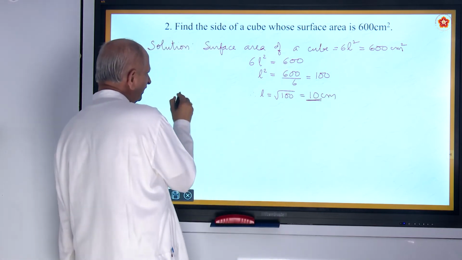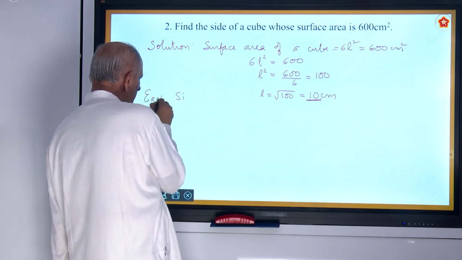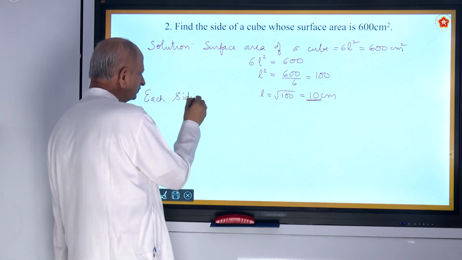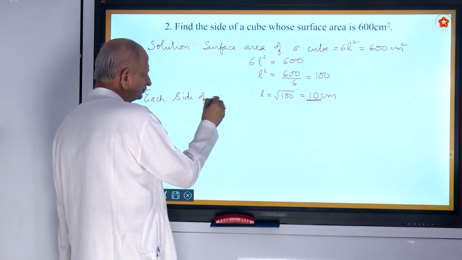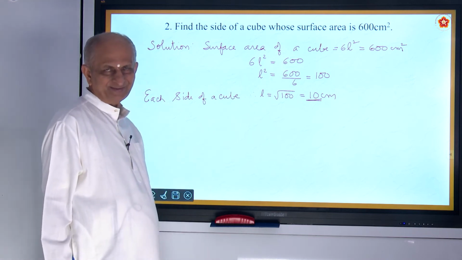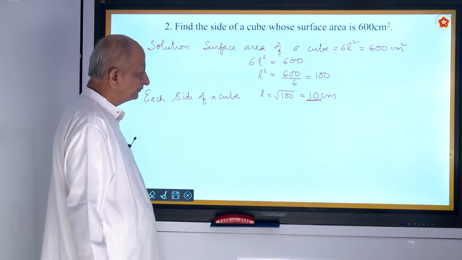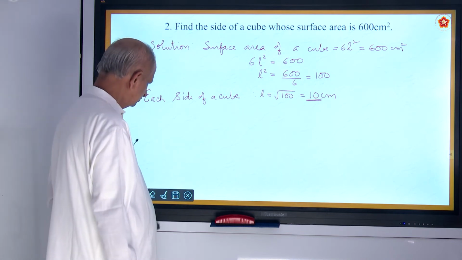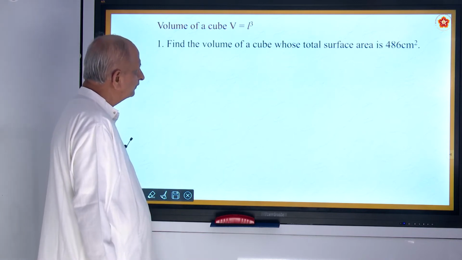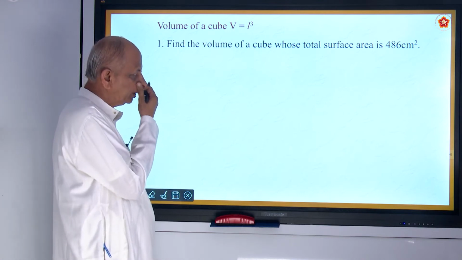So side of a cube, each side of a cube is equal to 10 centimeters. Okay, that's all what they ask. So note it down. Volume of a cube, V is equal to L cube.